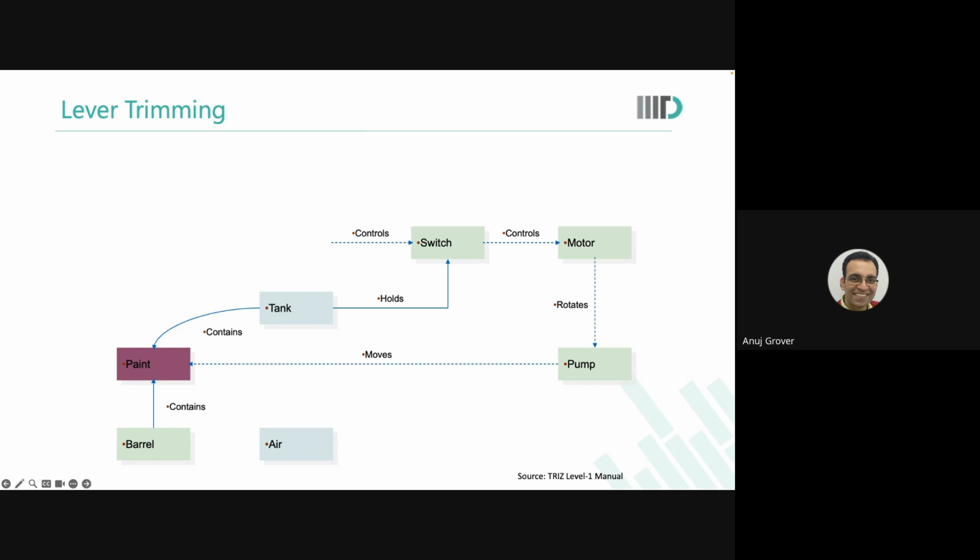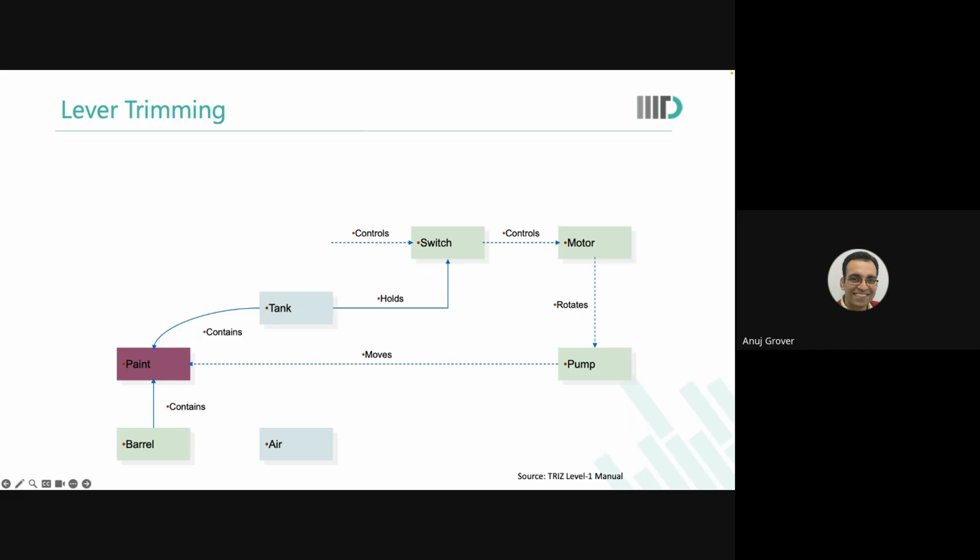We go to the next row where we say, is there any other component which is performing any function on the switch? Is there a component? Tank. Tank is performing a function on the switch. What is that function? Hold. Now our problem statement is, can the tank somehow also hold the switch, control the switch?